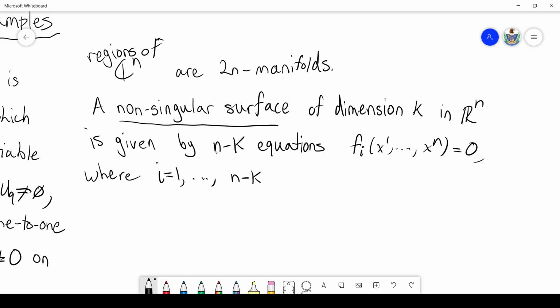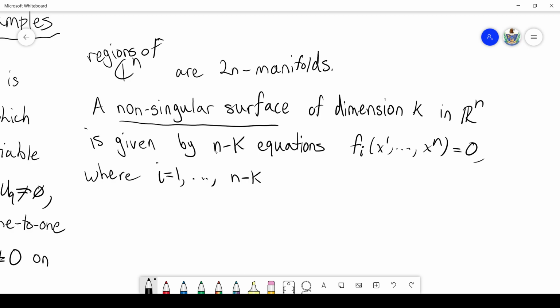So we have n minus k functions f sub I, and these are functions of the coordinates on Rn, and we're setting them equal to 0. So we have a system of equations here. So the surface is defined as the solution of this system of equations, and it's a surface of dimension k.